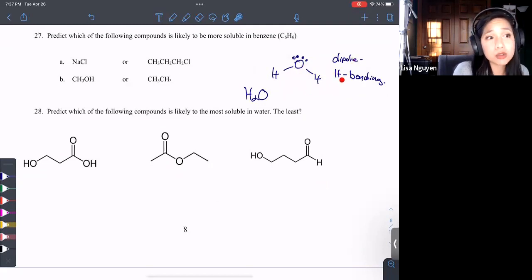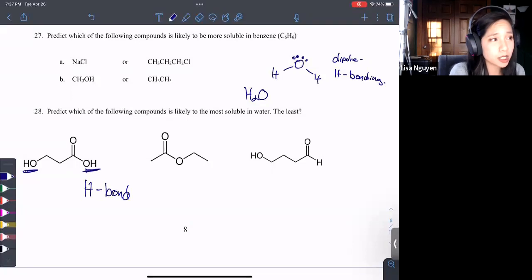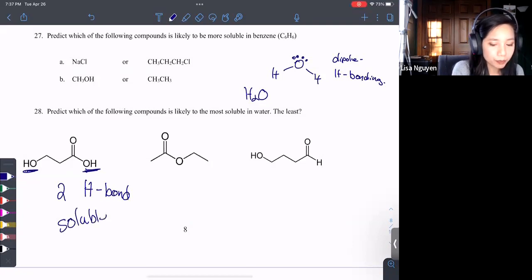We know hydrogen bonding is really strong, right? So this molecule has 2 different groups that can hydrogen bond. Recall the criteria for hydrogen bonding: you need an OH group, an NH group, or an HF group with a lone pair on the electronegative atom. So here we have 2 sources of hydrogen bonding, so this one is the most soluble, versus this one which only has 1 source of hydrogen bonding.